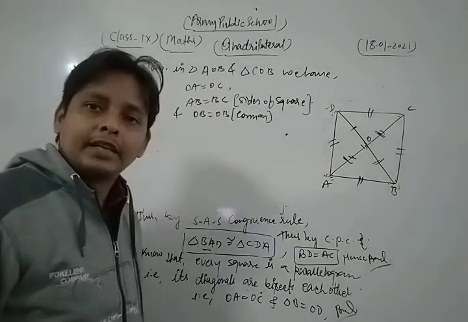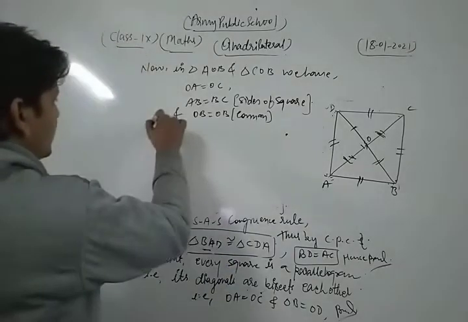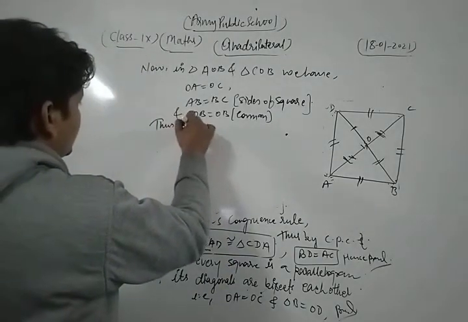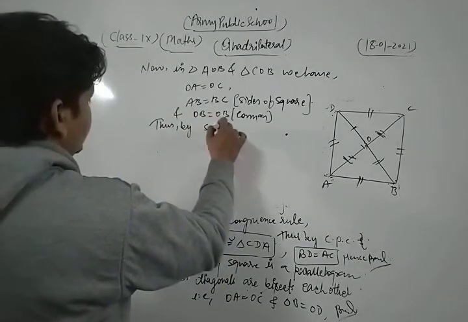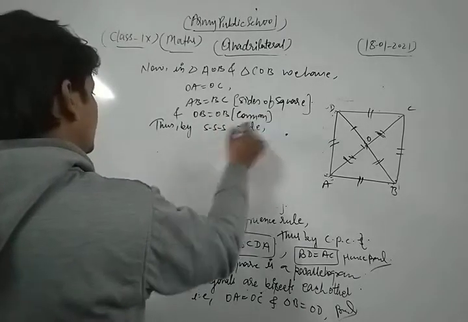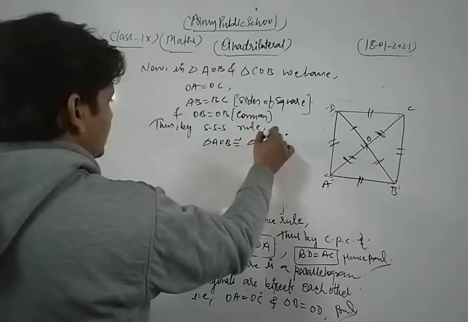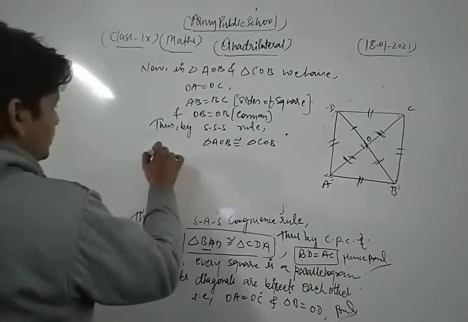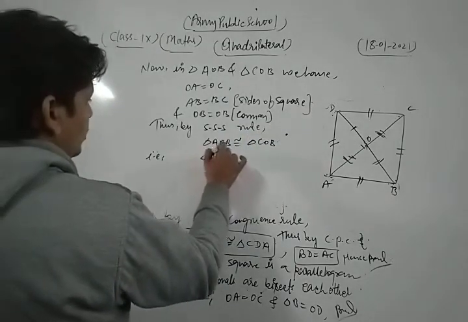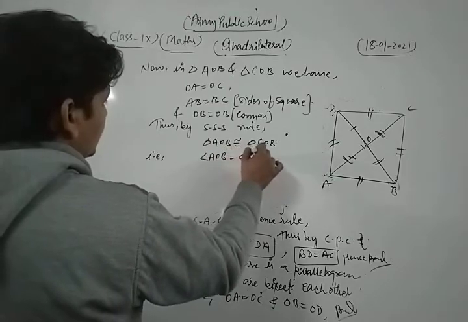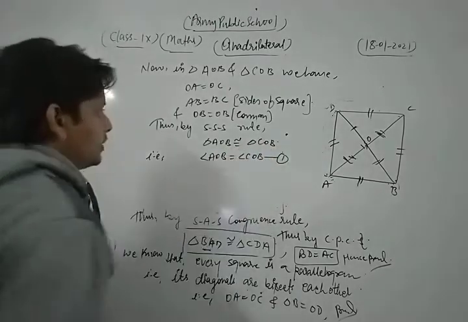Now by the SSS congruence rule, triangle AOB is congruent to triangle COB. By CPCT, angle AOB is the same as angle COB. Take this as equation number 1.